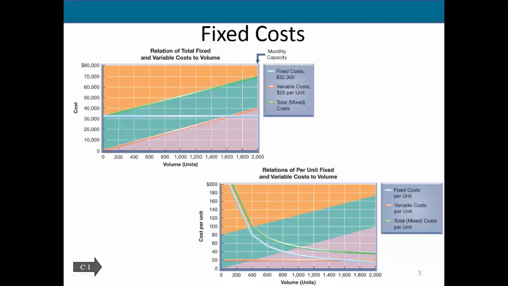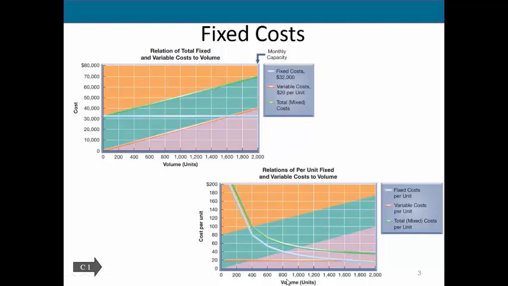So you can see here, that's why our total cost line and our fixed cost per unit decline. We have a decline or a negative relationship here because our fixed costs per unit and our total cost per unit are going to decrease as we increase our volume. Why is that?